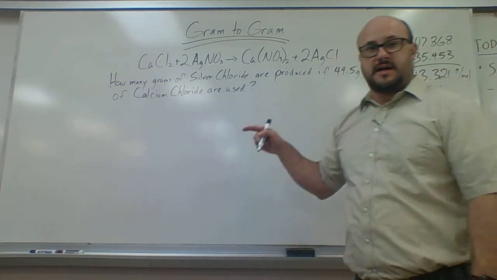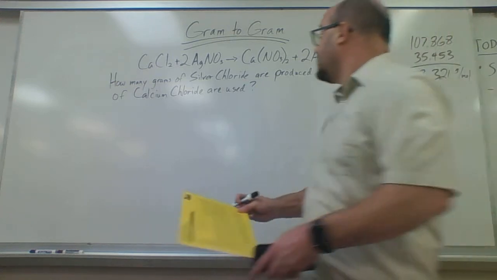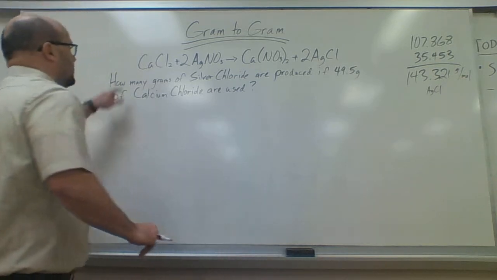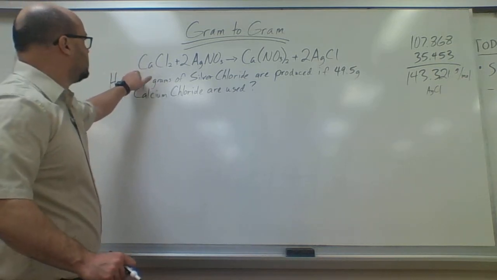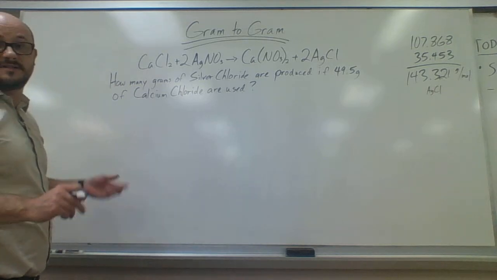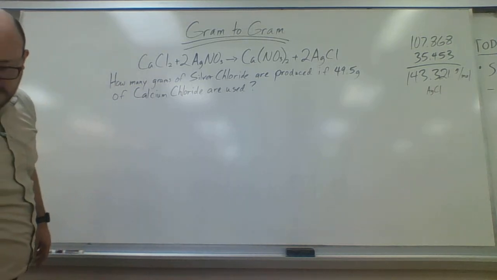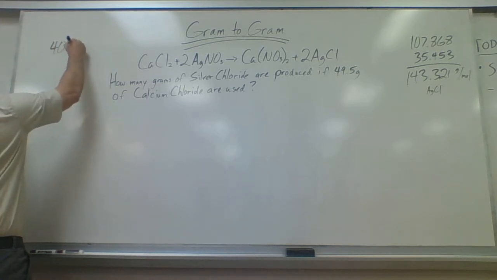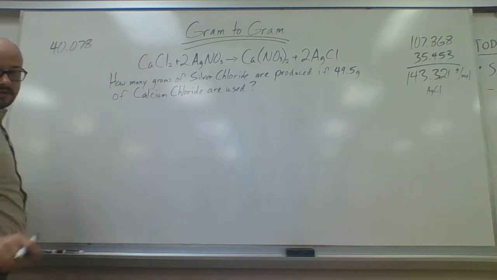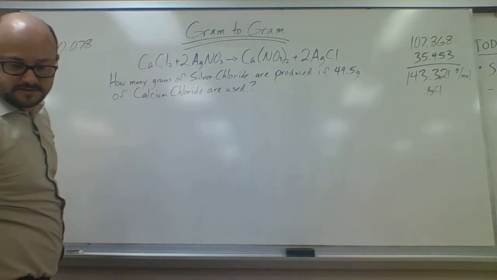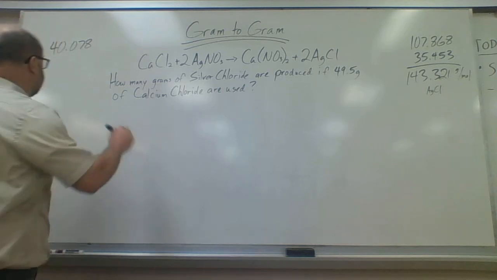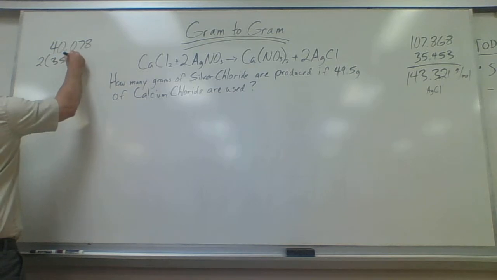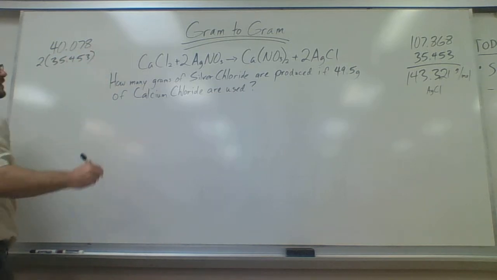Now we're going to go to the other side and find our molar mass for calcium chloride. Now, calcium chloride, 2 elements. Calcium is 1 atom, chloride has 2. So calcium, let's find its mass. 40.078. And then we have 2 chlorines. So we're going to say 2 times 35.453.